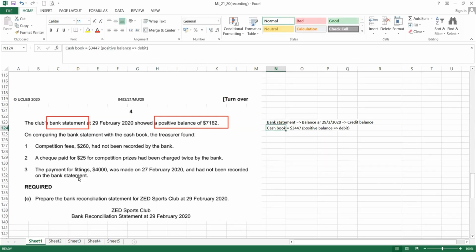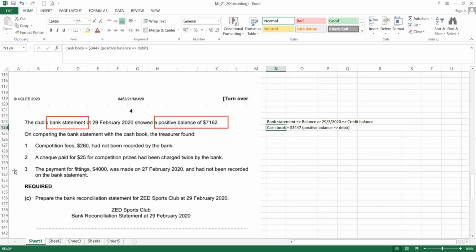Now the next item in the question: competition fee 260 has not been recorded by the bank. Competition fee 260, this is the amount. Let's see.